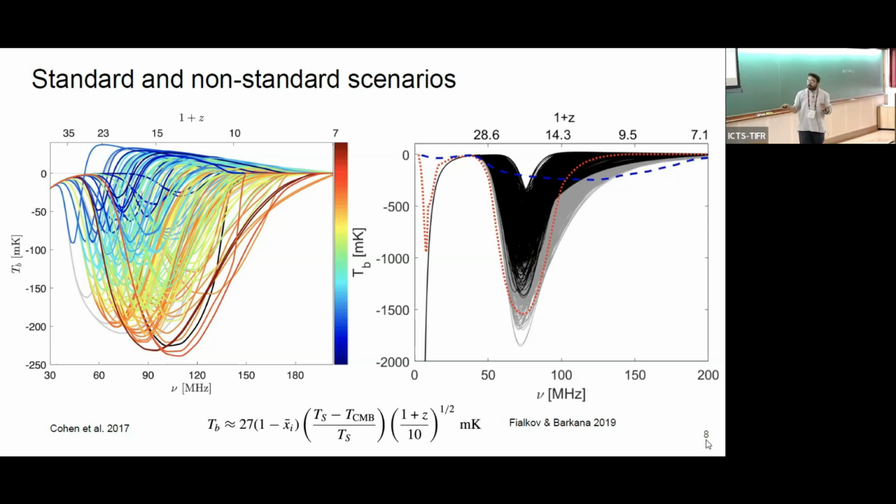But if you really want to go deeper than that, you need additional mechanisms to cool this gas. And that is in principle possible by dark matter baryon interactions, which I think has been talked about before. So that can cool the gas below the adiabatic limit, and therefore it can boost the strength of your signal. So these are some regimes of very non-standard cosmology, and they are, from an observational point of view, actually easier to constrain than the standard ones.